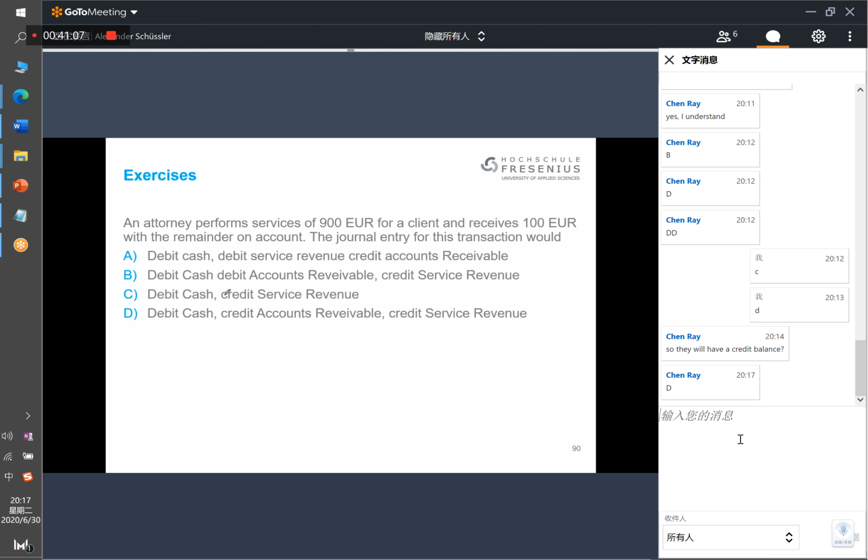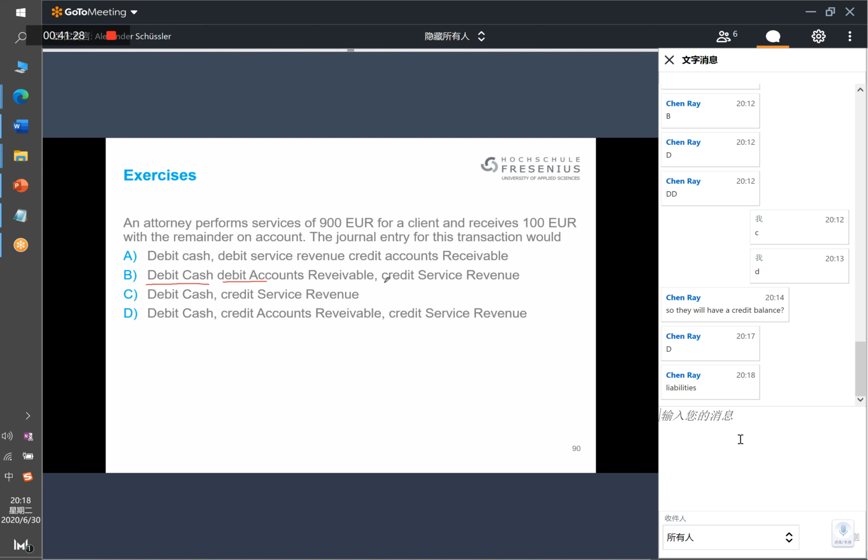Is accounts receivable an asset or a liability? What is accounts receivable? No, not a liability. It's an asset. Accounts receivable is an asset. That's why we have to debit it. Debit accounts receivable and debit cash.